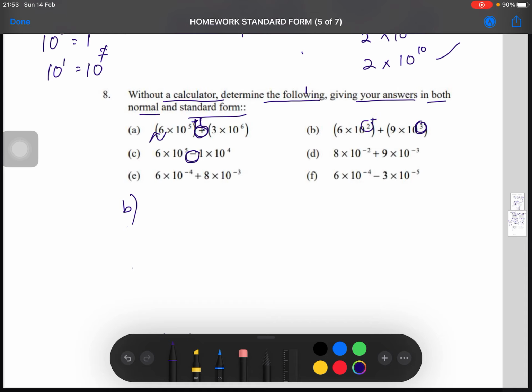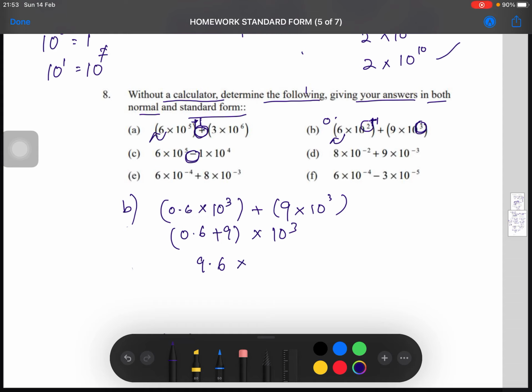So this one we must add 1, that means 0.6 times 10 to the power of 3 plus 9 times 10 to the power of 3. 0.6 plus 9, put in bracket, times 10 to the power of 3. The answer is 9.6 times 10 to the power of 3. This one is standard form.